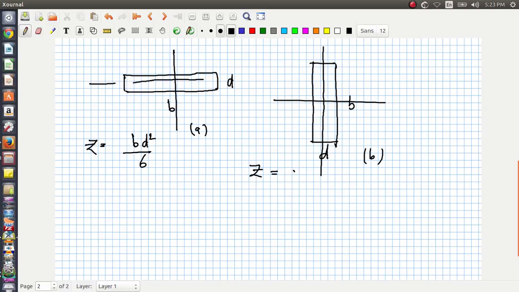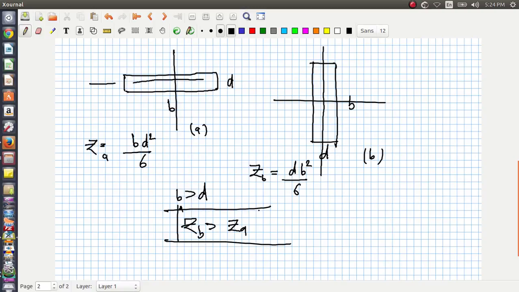This is going to be d b square by 6. So clearly we can see, since b is greater than d, Zb is greater than Za. The section modulus in the second orientation gives us a greater value, which means this orientation is preferred in beams as compared to the first one.